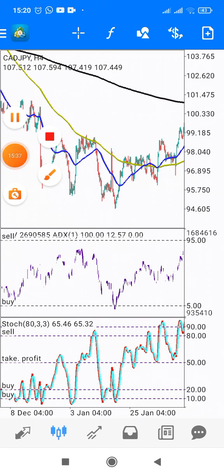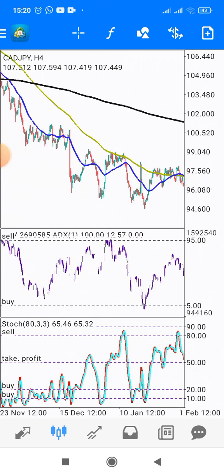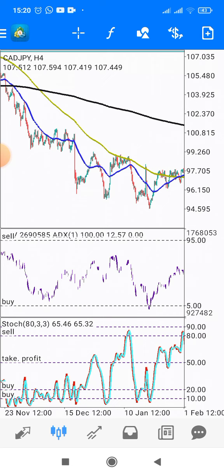Now when we want to buy, we check where our ADX has touched the lowest point, the minimum level in the market, which is at 5.